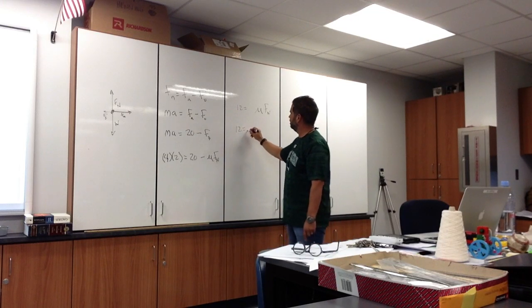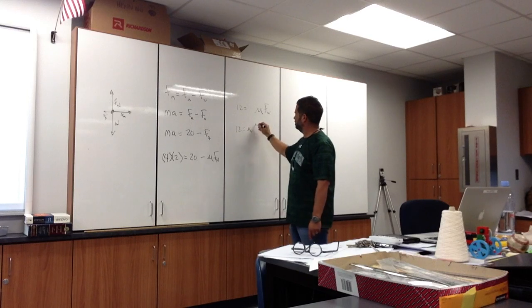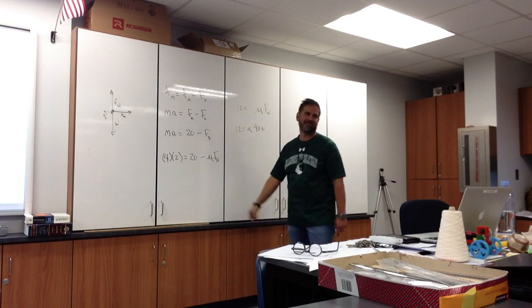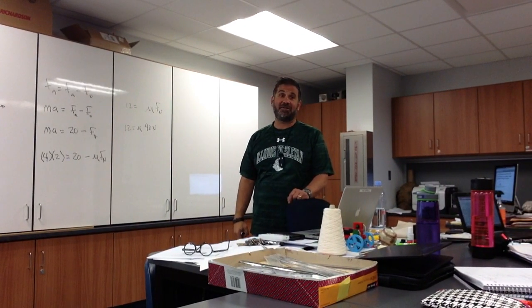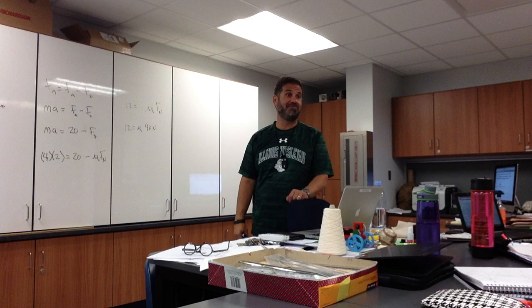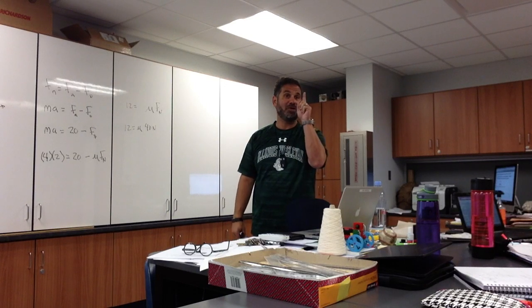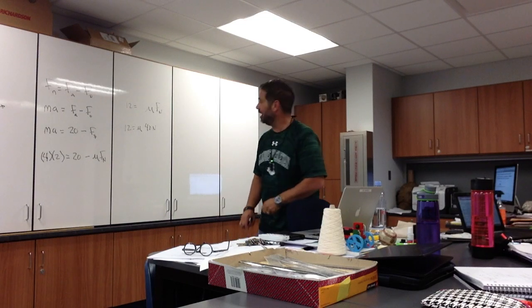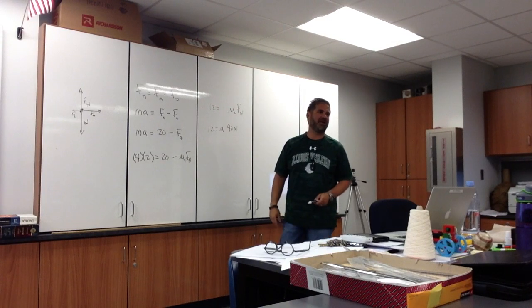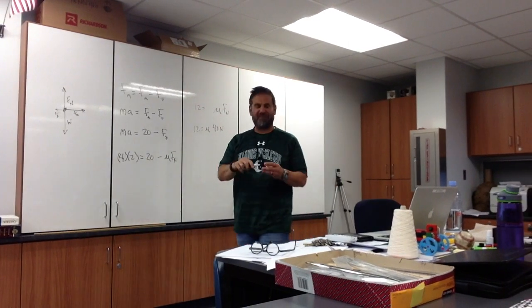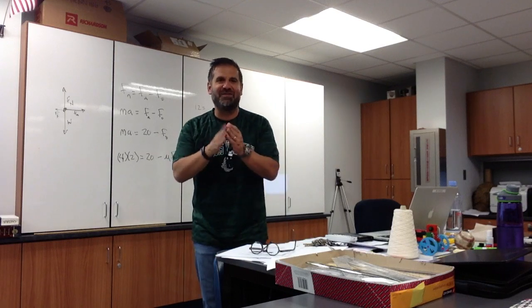Because 12 equals mu times the normal force, which is 40 newtons. Remember when we learned how to figure out normal force and we said that it was weight times cosine of the angle? Well, the weight is 40, the angle is 0, and the cosine of 0 is what? And what's 1 times anything? Itself. So then we have 40. So now, what's the thing I don't know? The coefficient of kinetic friction. Oh, by the way, that is the fancy physics term for the texture of the two surfaces, right?